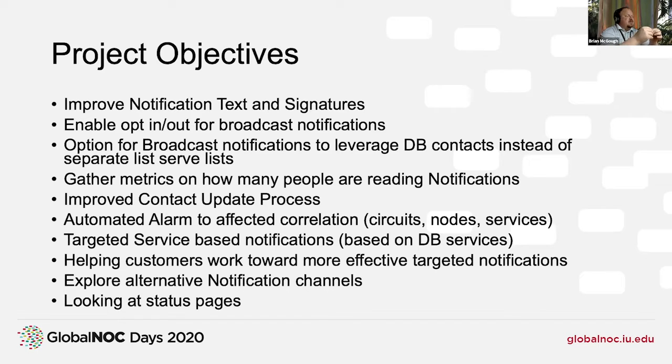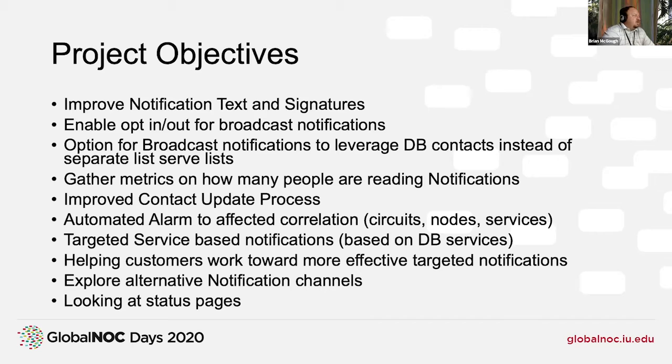So that's a pretty interesting thing that we did there, and it allows us to actually send individual messages on those broadcast notifications so that we can gather metrics on whether people are reading our notifications or not. And so that should help us inform, are we sending it to the right channel? Is it being heard? Is it being ignored? Where should we go with these things?